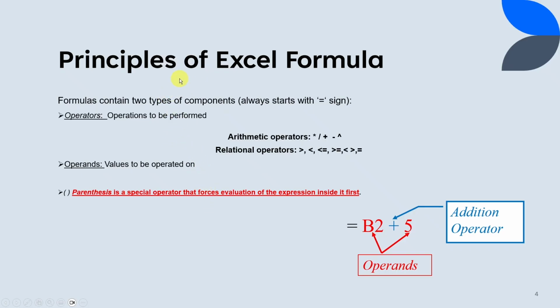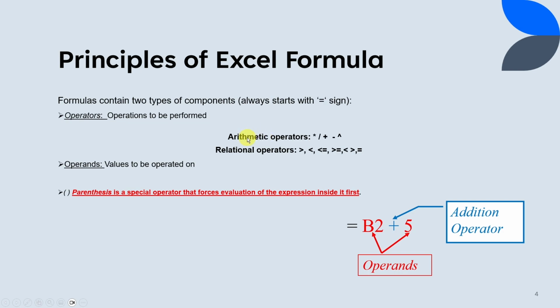Any Excel formula always has two components, and you need to remember that any Excel formula should always start with an equal sign. Without an equal sign, the formula is not active, and Excel will treat it as normal text. The operators are the operations that we are performing, and these are examples of operations that are currently available.